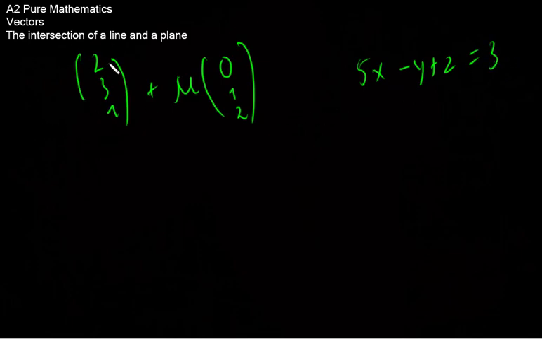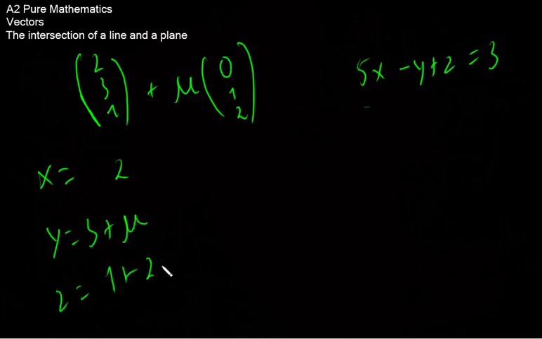So you want to find the intersection of this plane and this line. From this you have x equal to 2 because mu times 0 is 0, y is equal to 3 + mu, z is 1 + 2mu, and if you replace it here you can find mu, and once you find mu you can find the point.